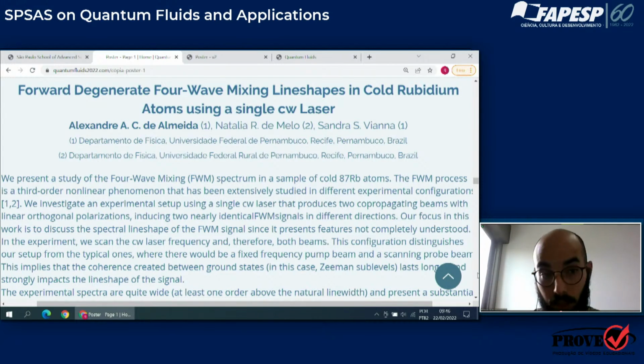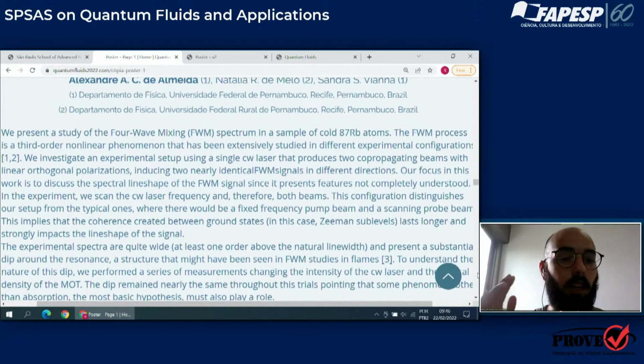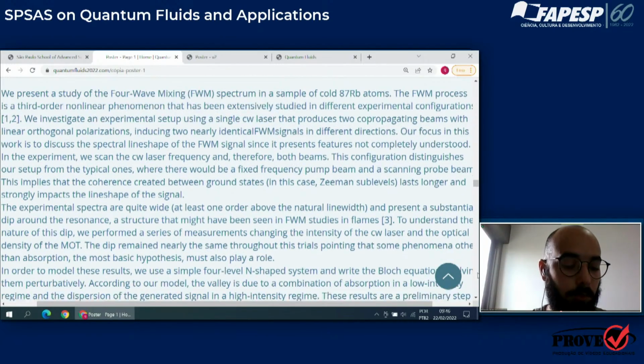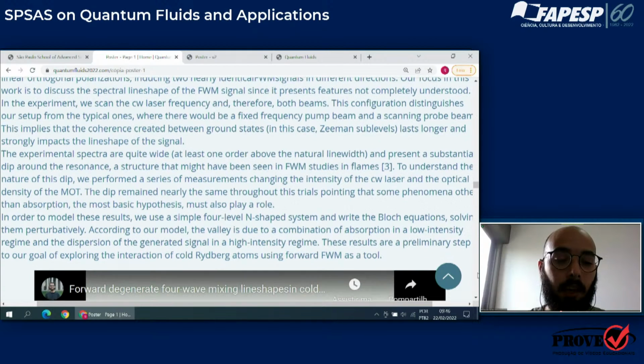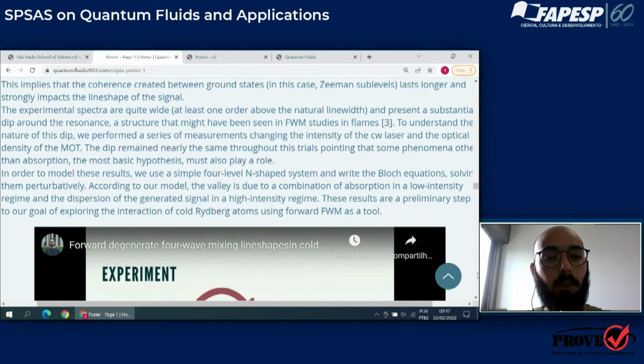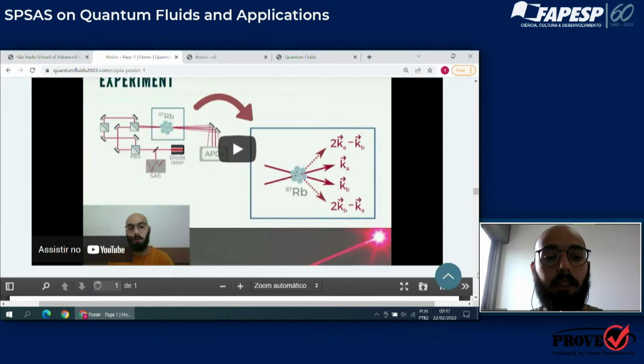In this work we have a sample of cold atoms, but we did the same thing with a sample of hot rubidium vapor. We use a single laser to generate two input beams and then induce two similar four-wave mixing processes. So you have two transmission signals and two four-wave mixing signals.